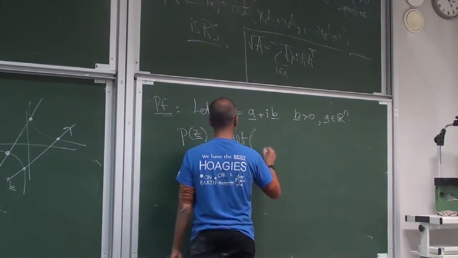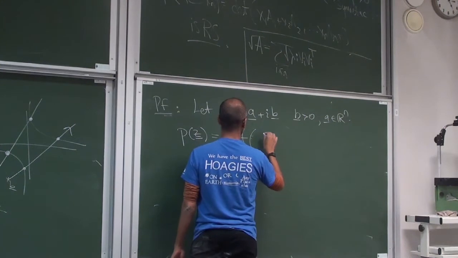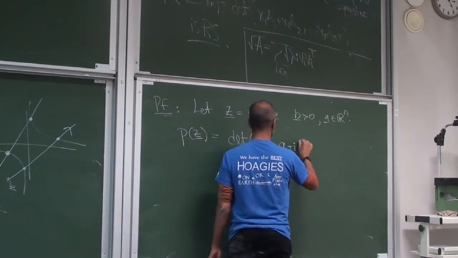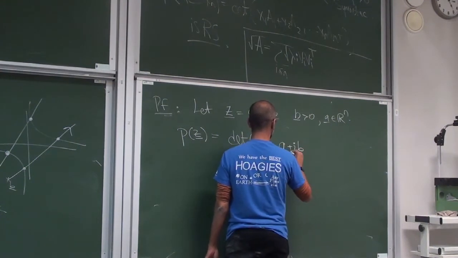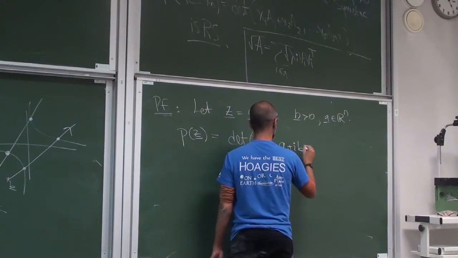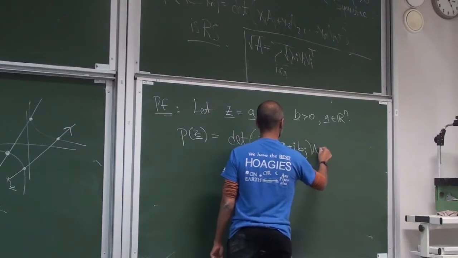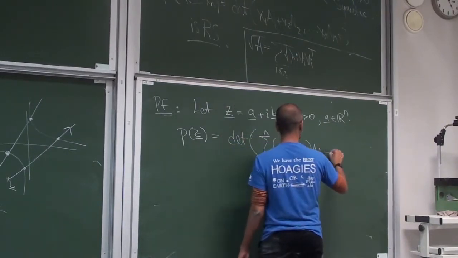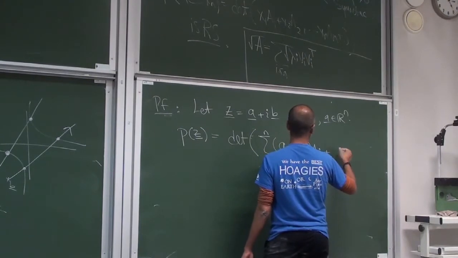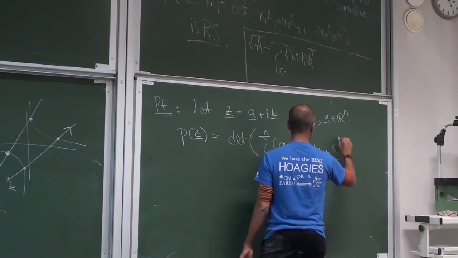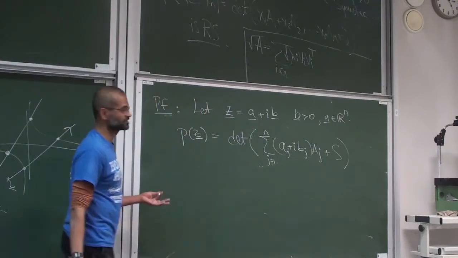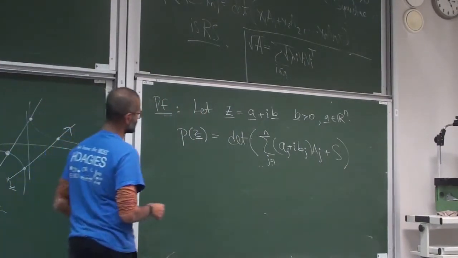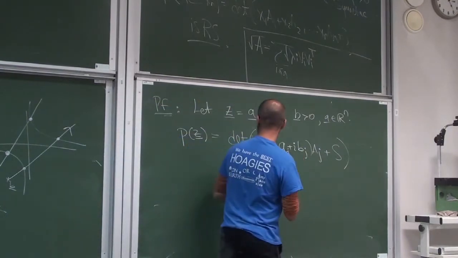This is the determinant of the summation of (a_j plus i b_j) times A_j plus S. That's just what it is, it's plugged in. Well, now I can pull the sum out.